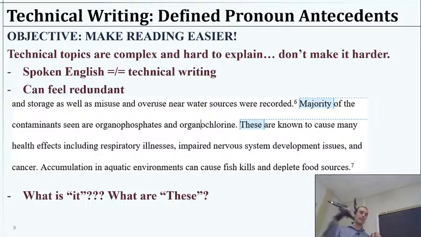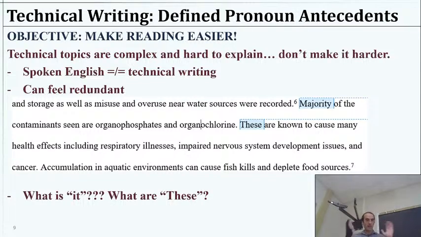Ante is kind of the Latin term for before, like antebellum is before war. If you're playing poker, you ante, right? It's the thing that comes before anything else. And so the antecedent is the noun that the pronoun is going to refer to, right? So we just want to make sure that's very clear.